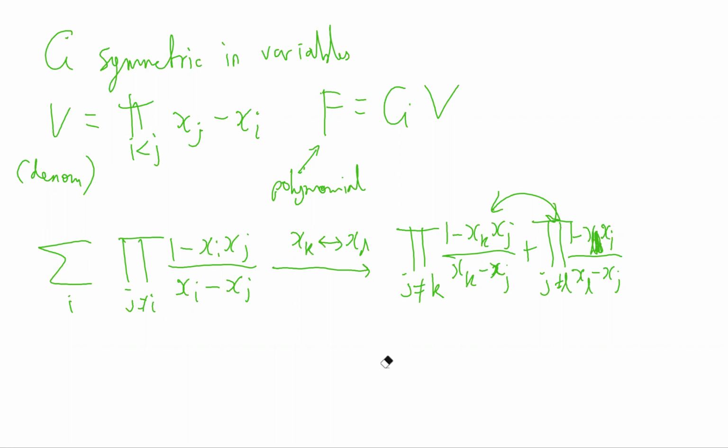They just swap to each other. But you do get a 1 minus xl squared.